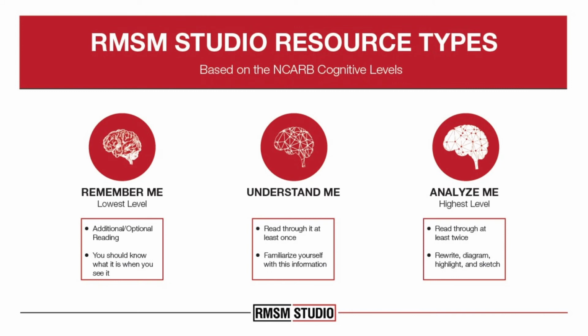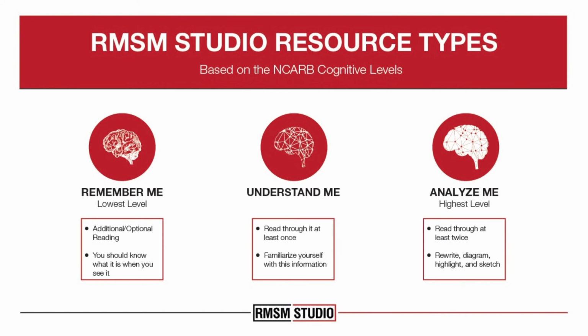You should make sure that you read through it at least once and understand how the document comes together, the way the document works, and how you would maybe use it if you were presented with it. So that would be an Understand Me level type of resource. It's not just something you should just know what it is or know what the definition is, but you should have read through the document at least once.